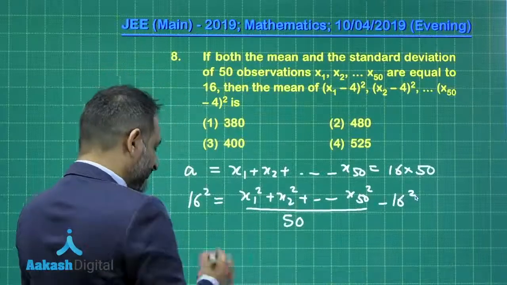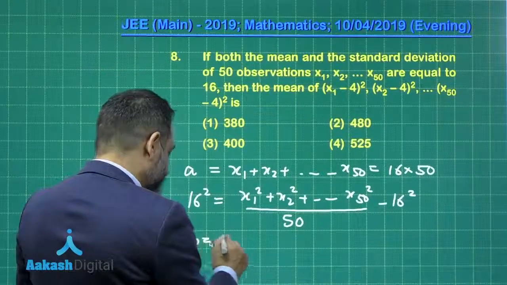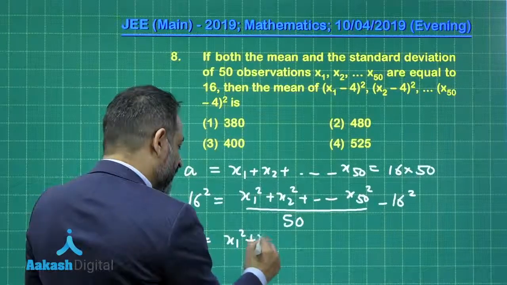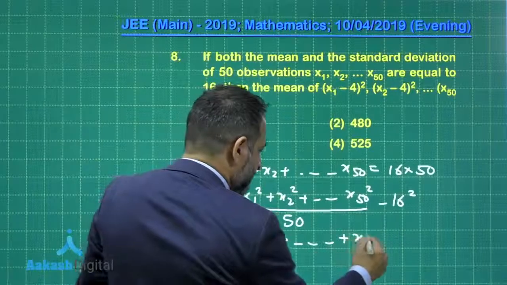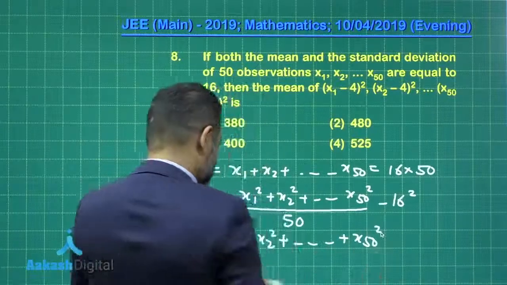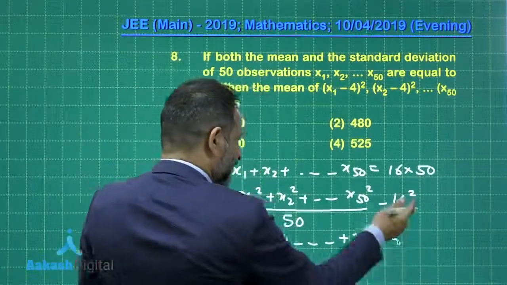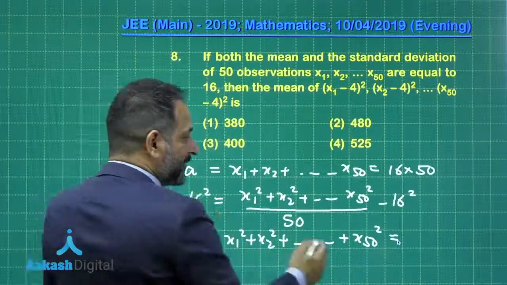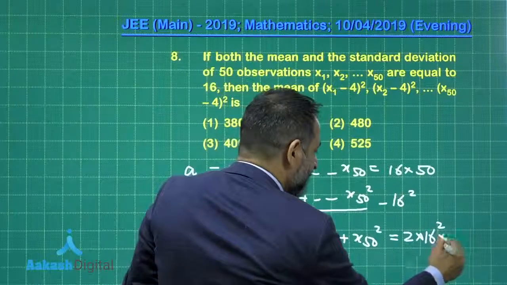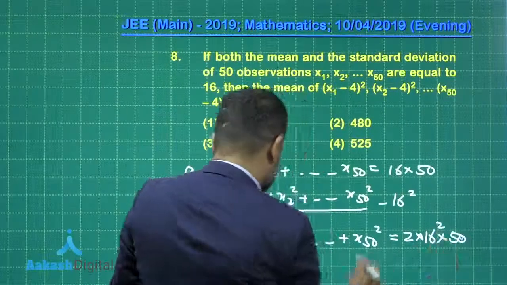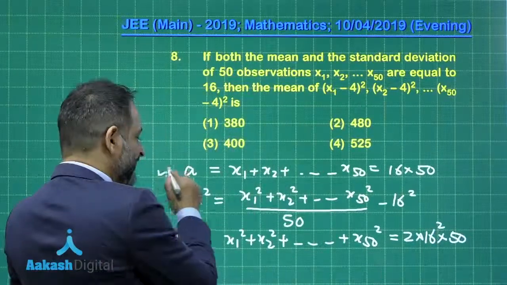So, from here we have B, which is equal to the sum of squares of this data up to x50. So, this is equal to, if you take 16 square here, you will get 2 into 16 square into 50. So, let us treat this value as B.